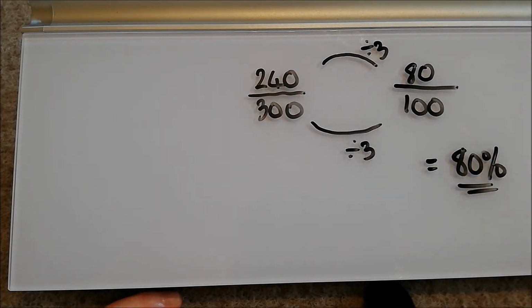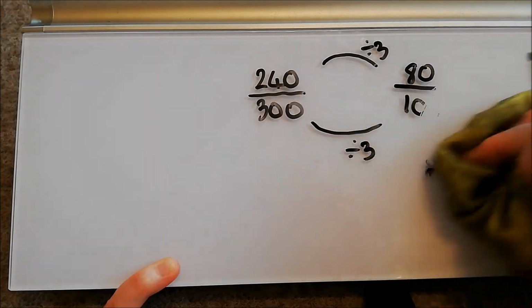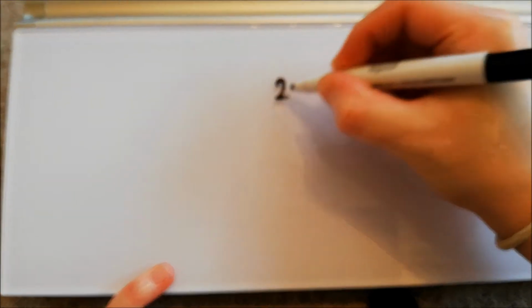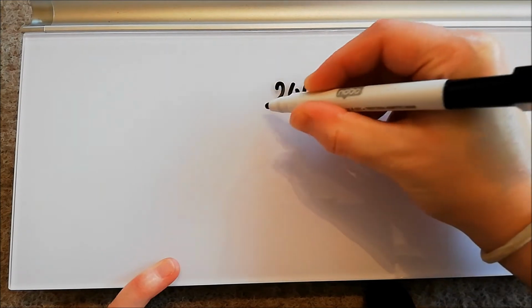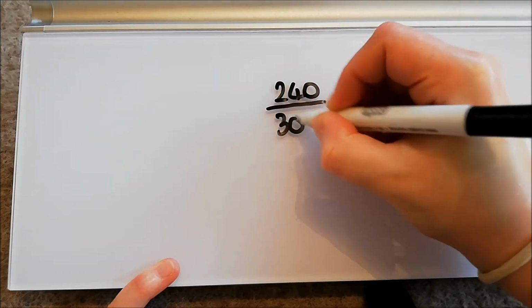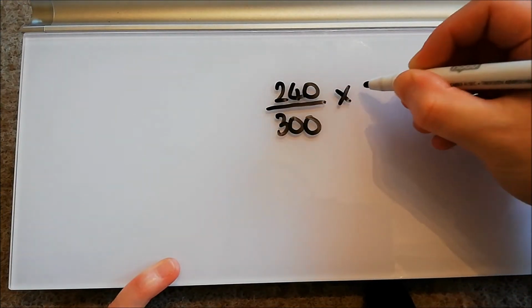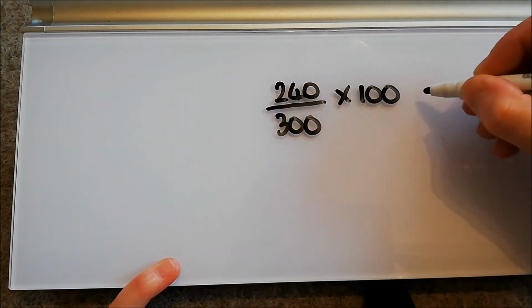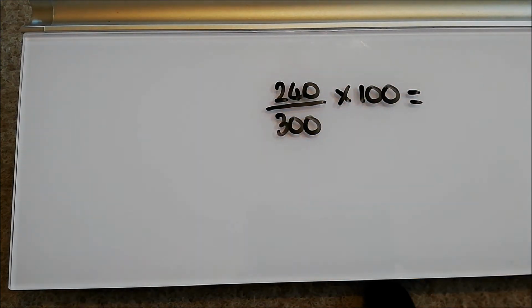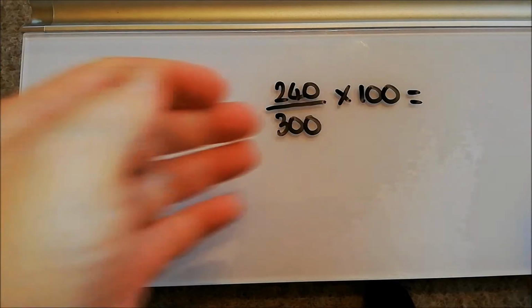Okay? If you now put method 2 calculator, and then just put 240 over 300 times 100 equals, and that'd go into the calculator.